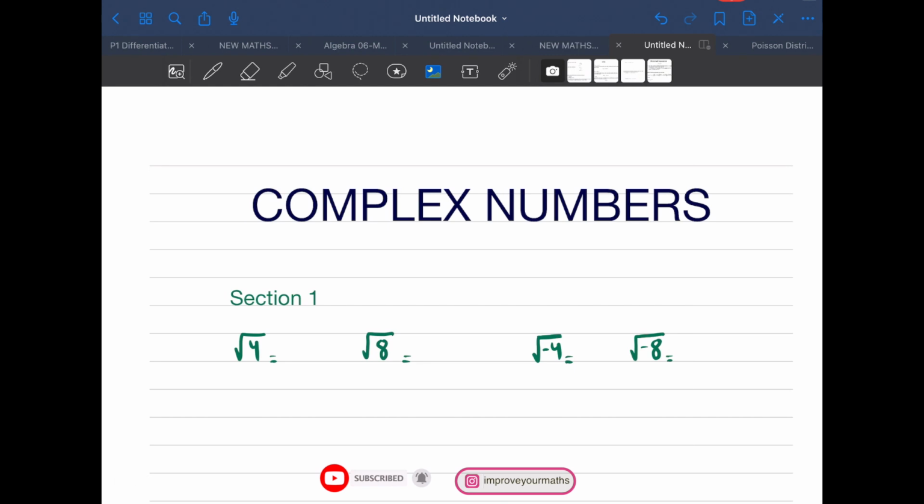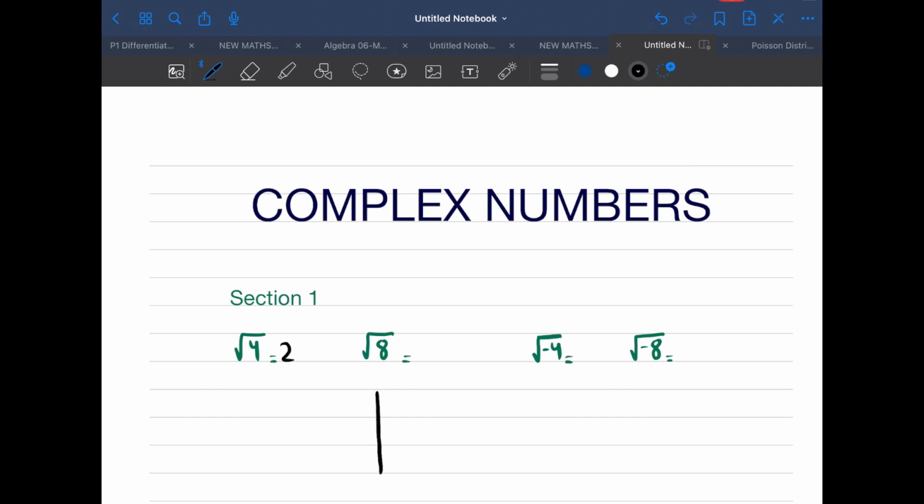What are complex numbers? Listen to me very carefully. In childhood, the answer of √4 was 2. What about √8? How did you used to find the answer? Guys, prime factorization. 2 fours are, 2 twos are, and 2 ones are. It's going to become 2 into 2 into 2.